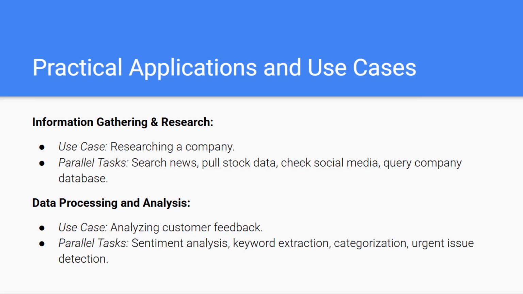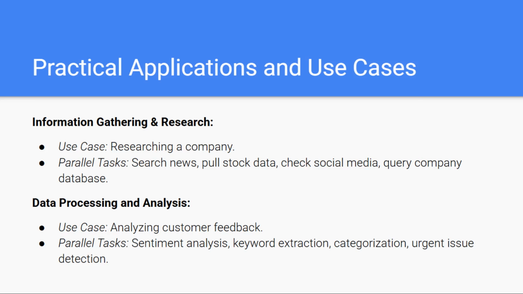The first can be sentiment analysis, where the agent analyzes whether the feedback is positive or negative. The second can be keyword extraction. The third can be categorization, maybe related to billing, service, or product.